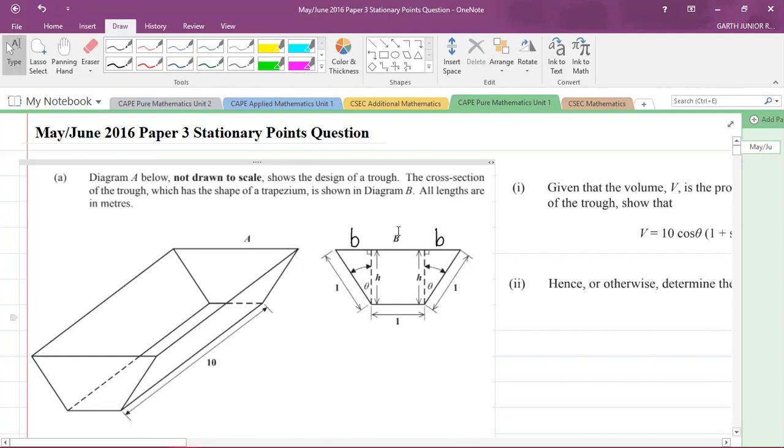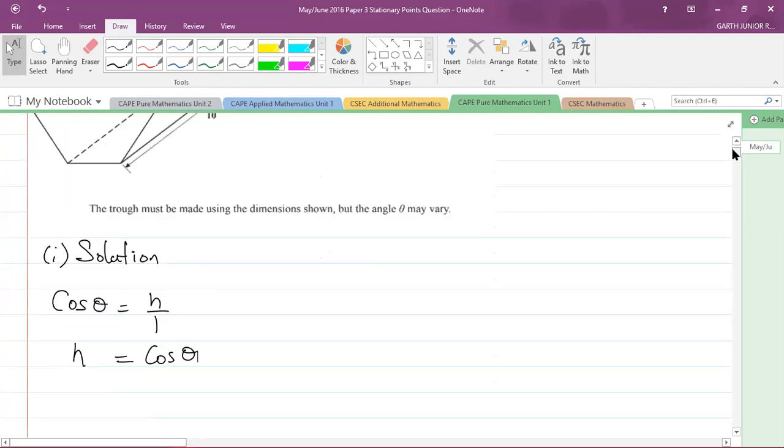Let us now find b. What is the side b? Well, I know that sine of my angle theta is going to be the opposite side divided by the hypotenuse, right? So the opposite side here is b, and the hypotenuse has a length of 1 meter.